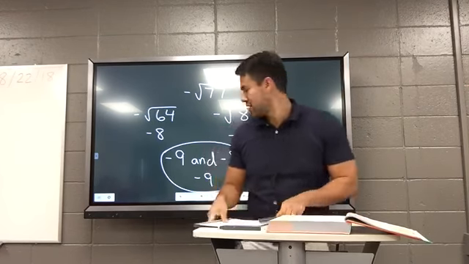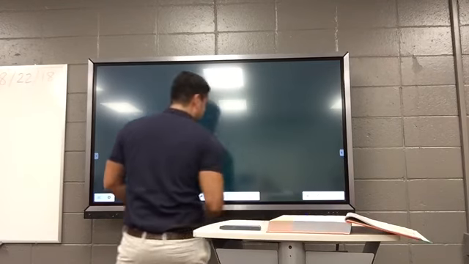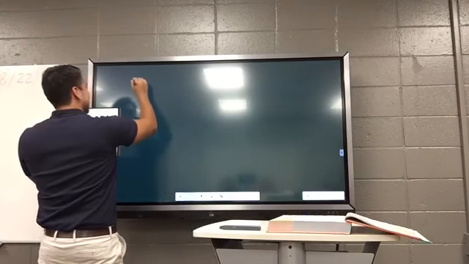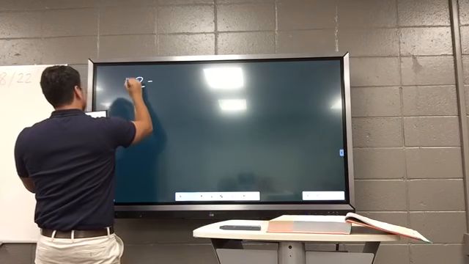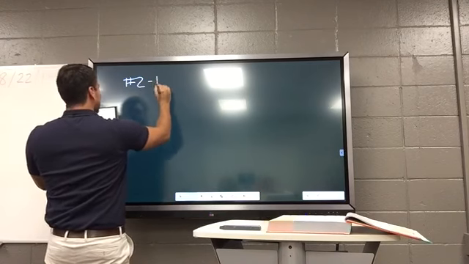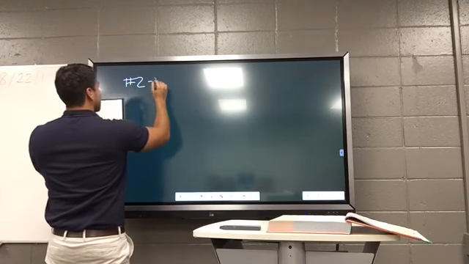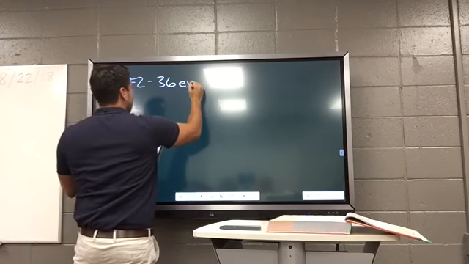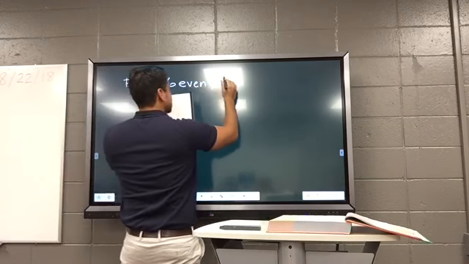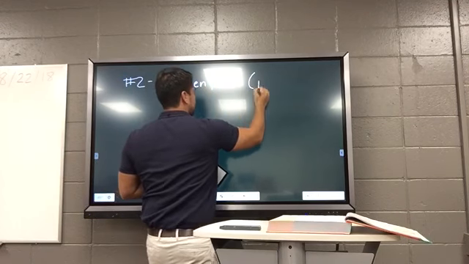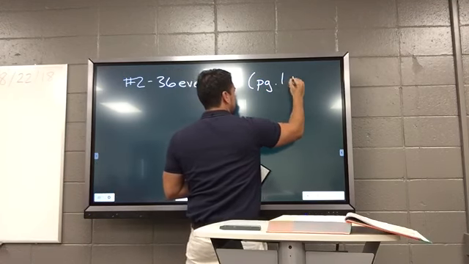Okay, your homework or assignment is, thank you, I almost forgot that. 2 to 36 even, it seems like it's not too bad. And then number 39. That's pages 1 and 2.